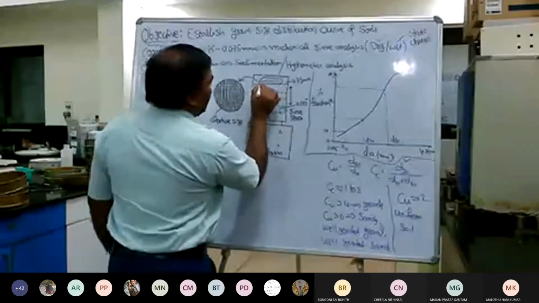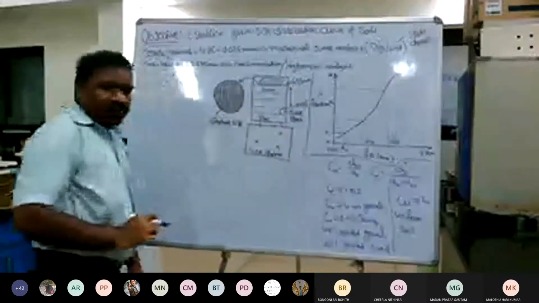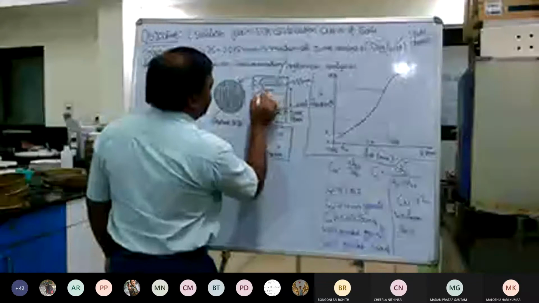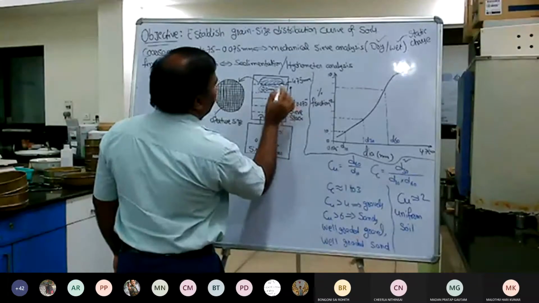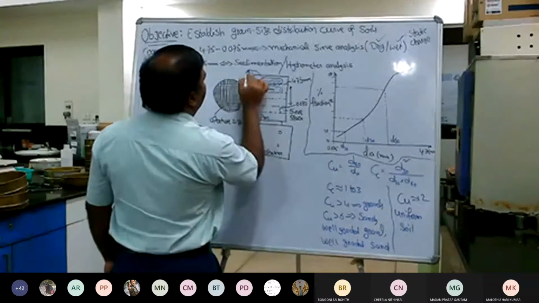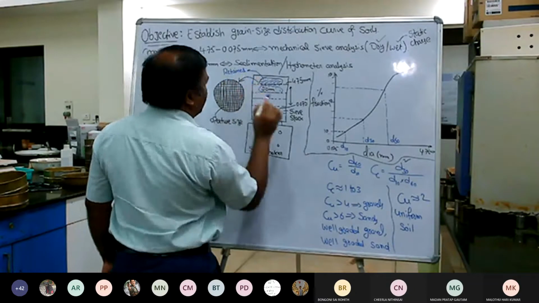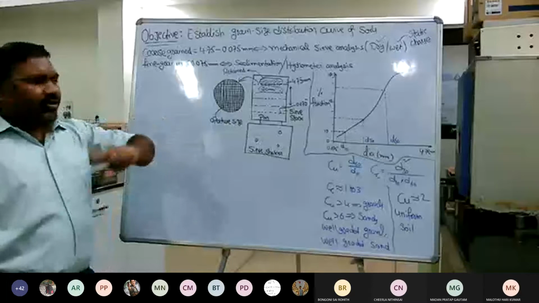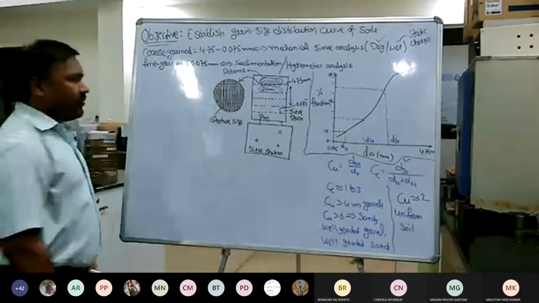But some particles will pass through, and depending upon their size, a few will pass through the 2 millimeter and a few will be retained. This is called retained soil mass. Retained on the aperture of 4.75 indicates that all these particle sizes are greater than 4.75.